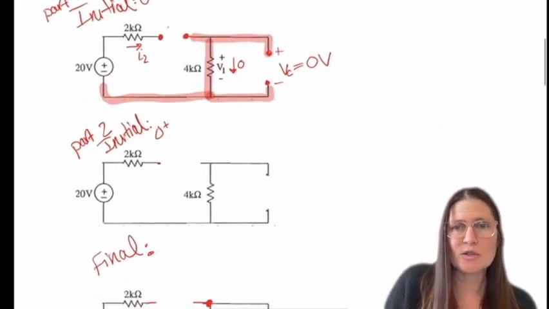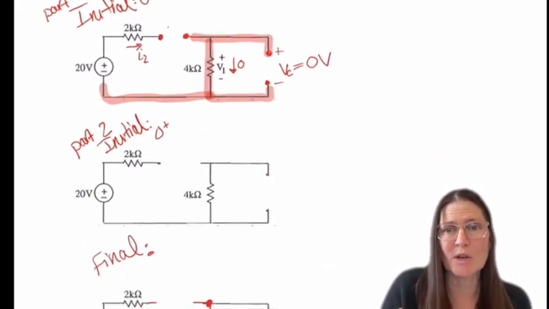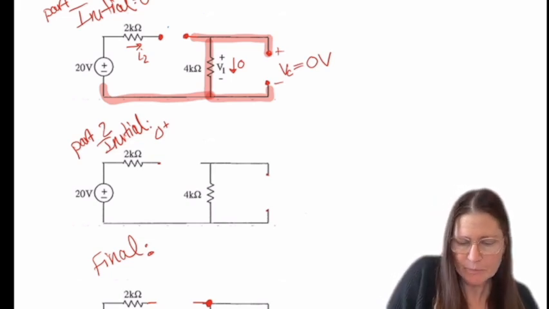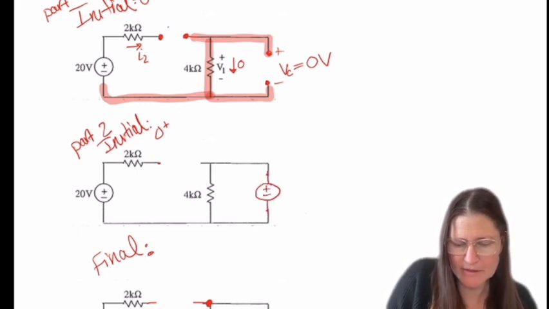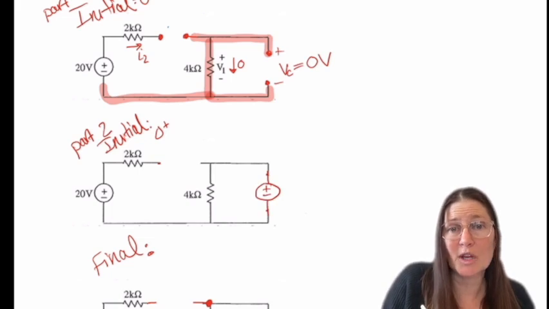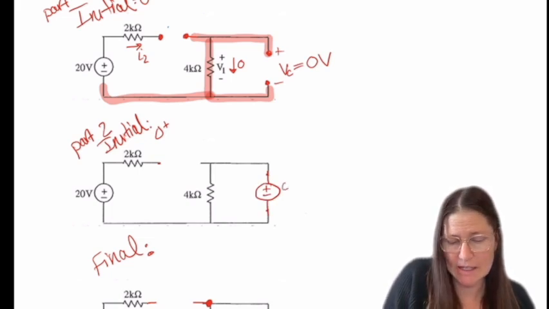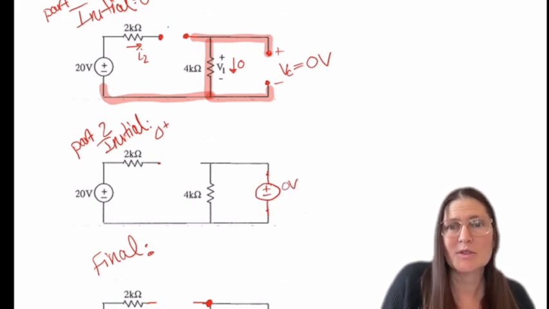So this part 2 of the initial step is when we have a variable that we are trying to solve instead of just VC or IL. What we're going to do here, which is the difference, is replace that capacitor with a voltage source. In this case, it's 0 volts, which makes it easy.